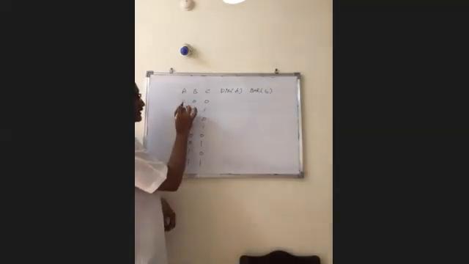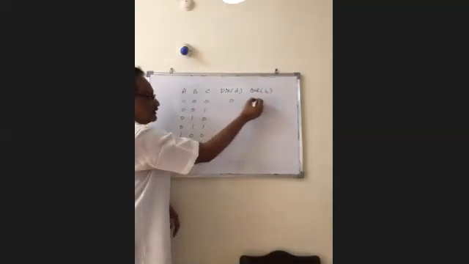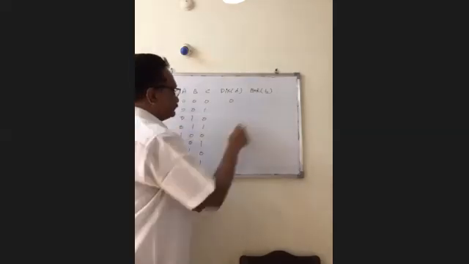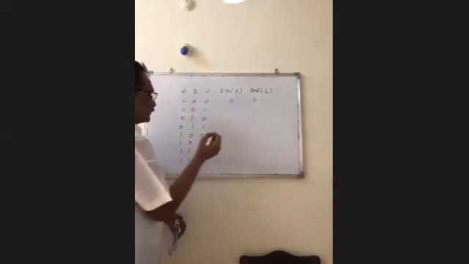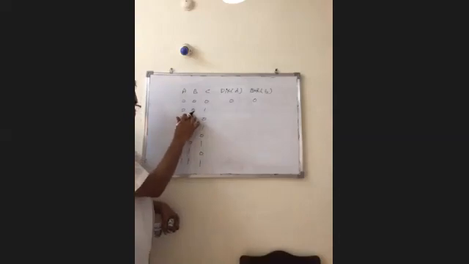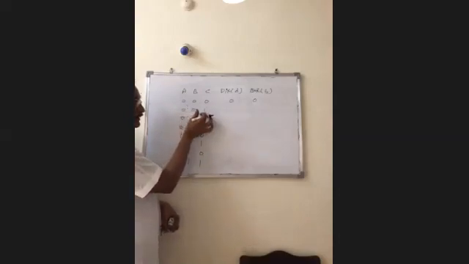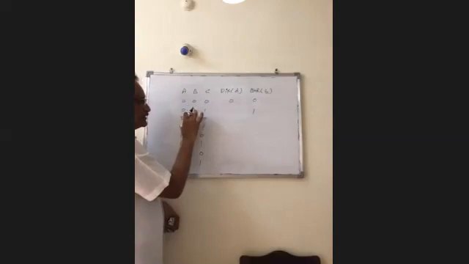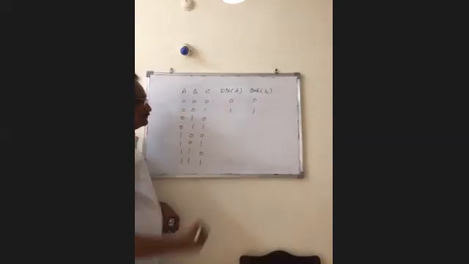If the inputs are 0, 0, and 0, the difference is 0 and the borrow is 0. Zero minus 0, difference 0, borrow 0. Then 0 minus 1 requires one borrow, so it becomes 10. 10 minus 1, the difference is 1.